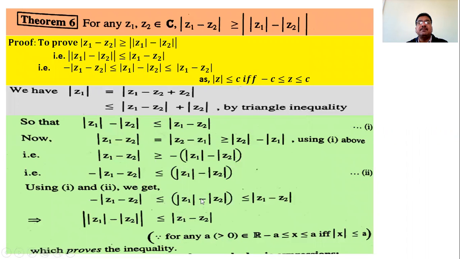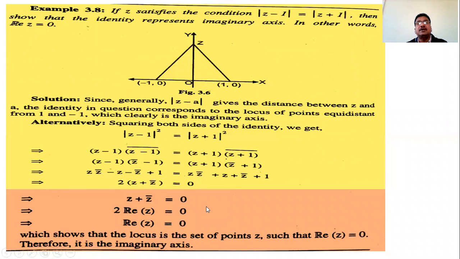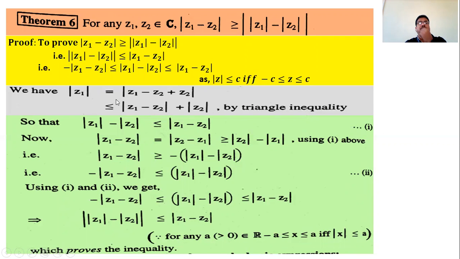The next theorem is also important. For any z1 and z2 belonging to C, that is, z1 and z2 are complex numbers, prove that |z1 − z2| is greater than or equal to ||z1| − |z2||.